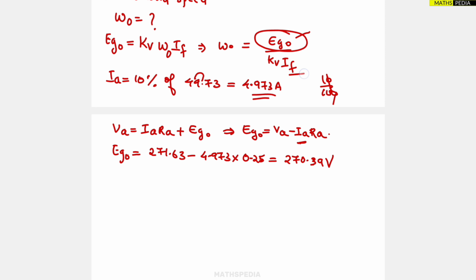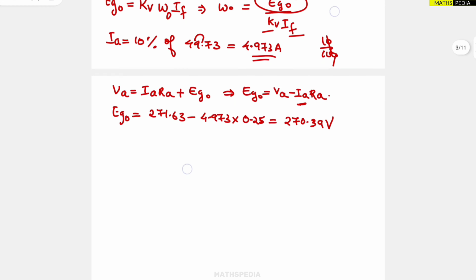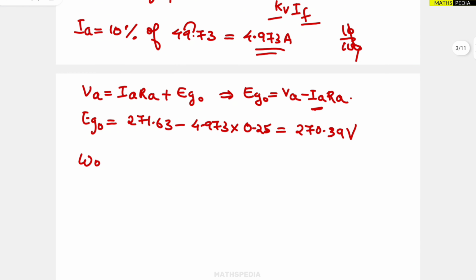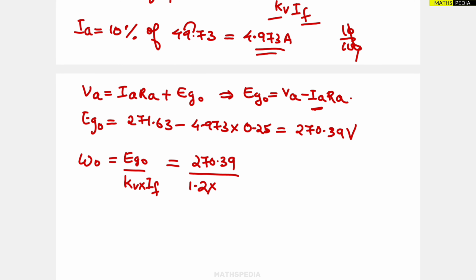Will IF change? No, kV is also the same. So omega naught, the no load speed, is EG naught divided by kV into IF. EG naught is 270.39 divided by the kV value, 1.2, into the IF value, 1.146.